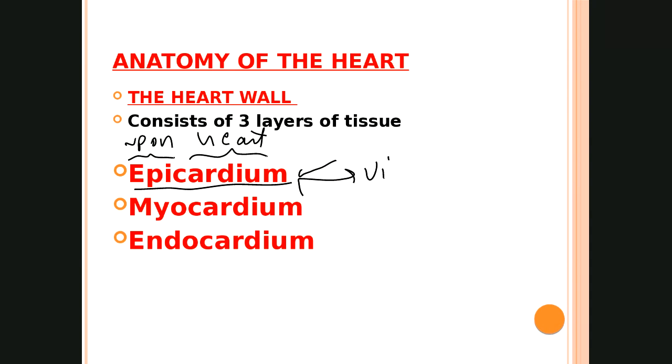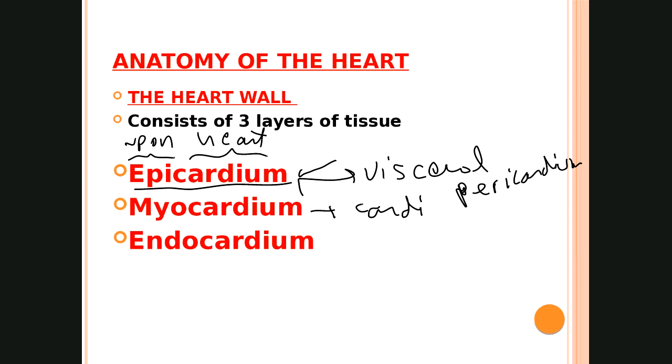The wall of the heart is made of cardiac muscle. It is called the myocardium, and this is the thickest part of the heart. So this is cardiac muscle.